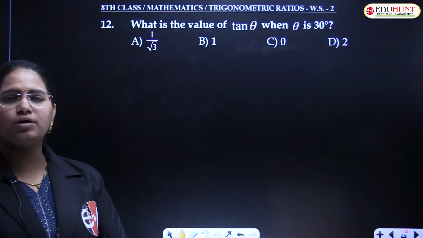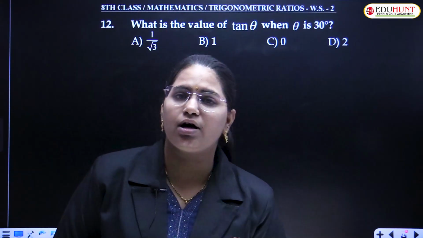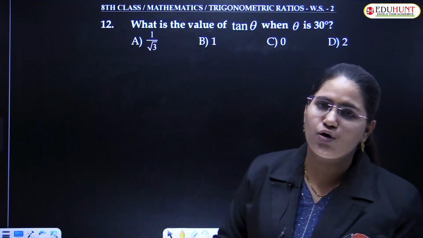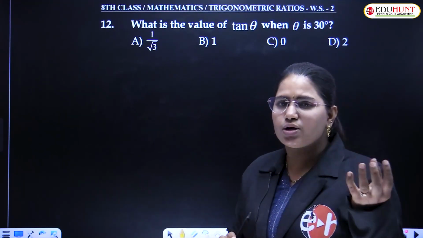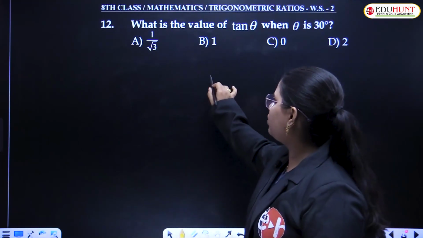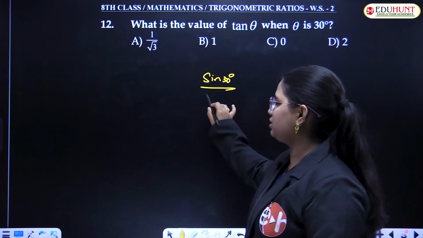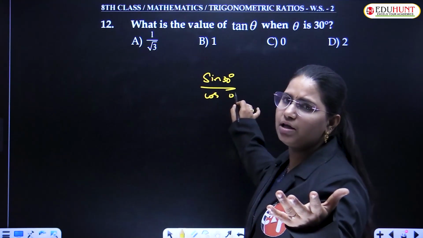It's a simple question. If you are not familiar with tan theta, you know the values of sine and cos, right? Those who are just watching right now, for them also it can be easy. Madam, I don't know the value of tan theta, I am just familiar with sine and cos theta. That's not a big deal.